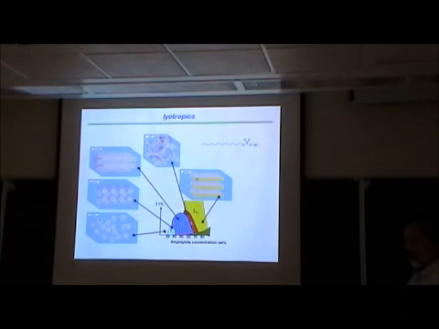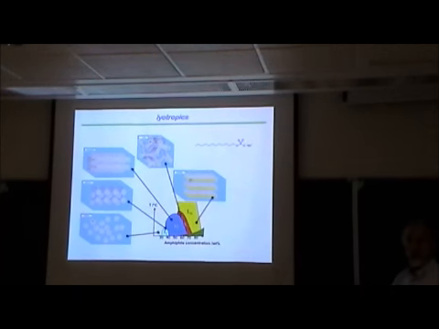Then you change the pH, and the silane polymerizes. So the water turns from water to silica. And then you just burn out the liquid crystal. Now you're left with silica with a periodic array of 20 nanometer pores.